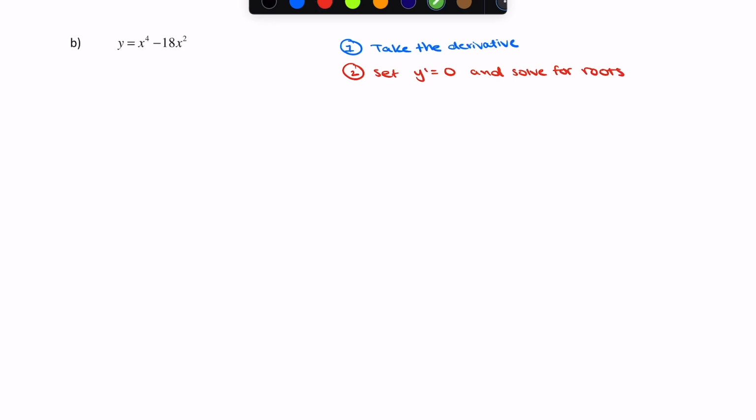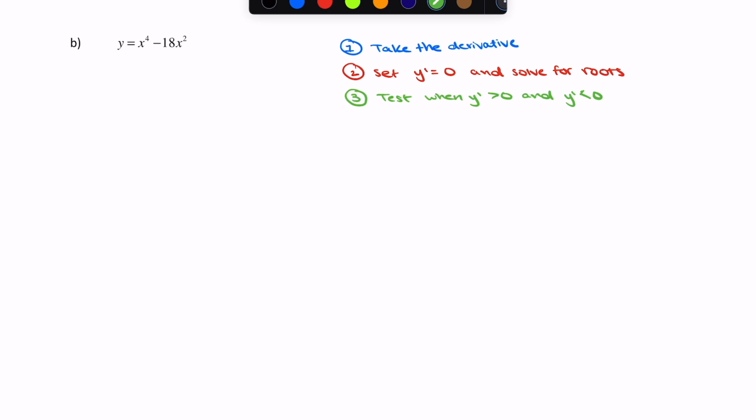And then our third step here is test when y prime is greater than 0 and y prime is less than 0.